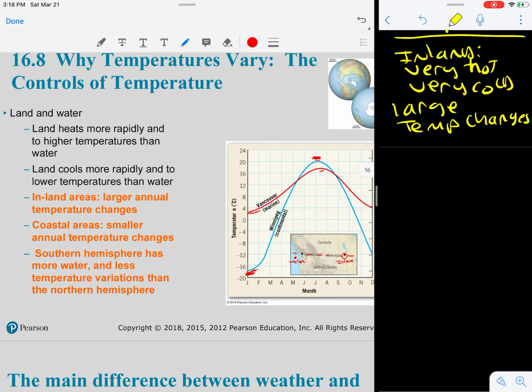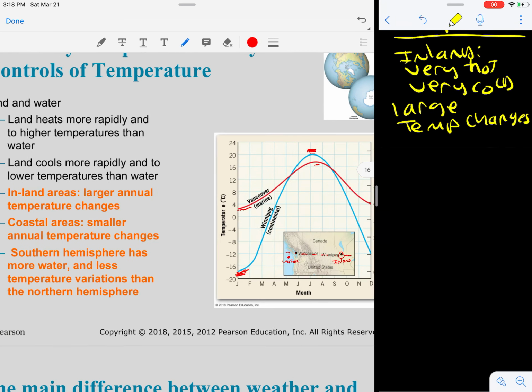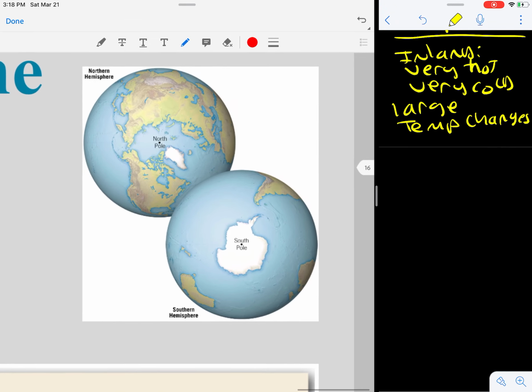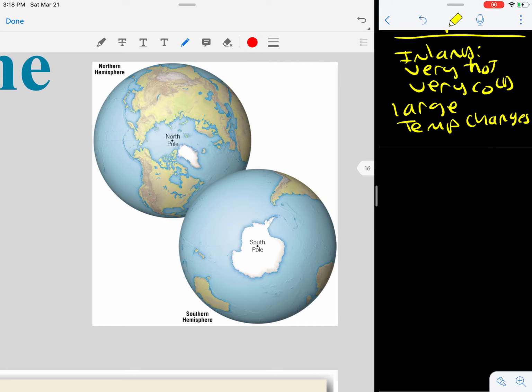Another thing that affects this, still relating to the same concept, but let's go back to something that we talked about before. This has to do with the fact that the southern hemisphere is about 80% water, and the northern hemisphere is about 60% water and 40% land. And here this is about 20% land. So what you find, since the southern hemisphere is mostly water, is that it's going to be more stable.